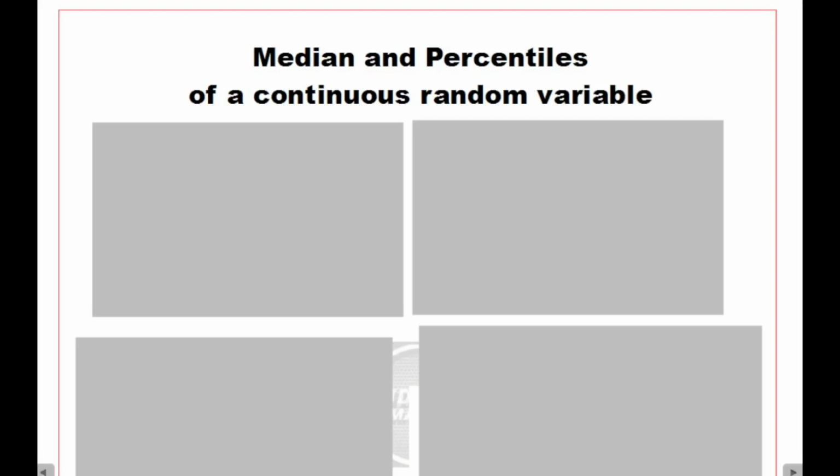So let's begin with today's video. Suppose x is some continuous random variable, any continuous random variable. For example, if I'm standing at a bus stop, I want to find out how much time I have to wait before I get the next bus.